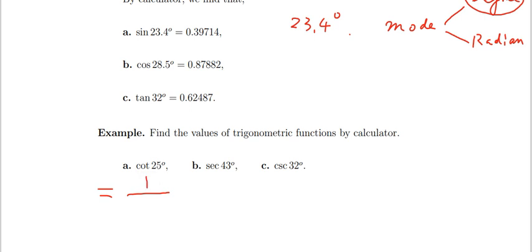Cotangent we change to 1 over tangent, and we have a tangent button in our calculator. Secant equals 1 over cosine 43 degrees. And cosecant, we use 1 over sine 32 degrees. So using the calculator, we can find those trigonometric function values easily, right? Just make sure we use degrees.